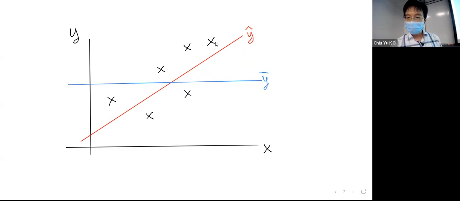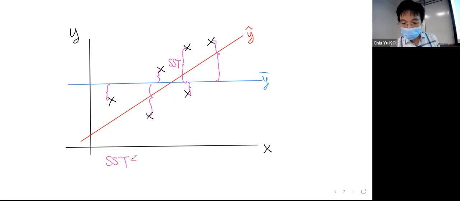What we want to explain is all this, right? And all this. Suppose I use this guy. So this is SST. SST is the sum of all the observations you got minus Y bar, right?